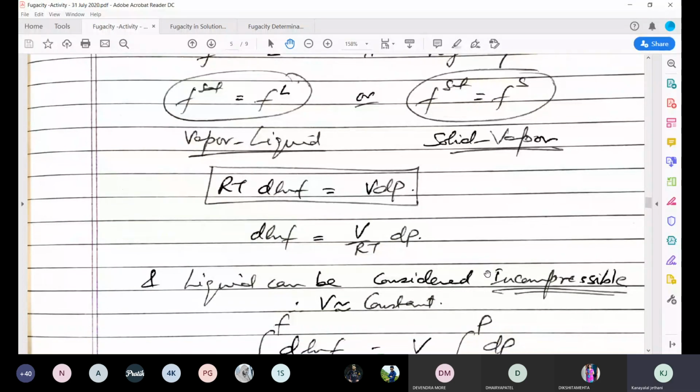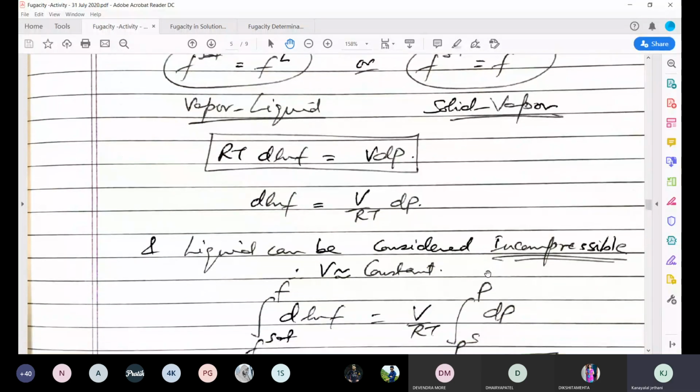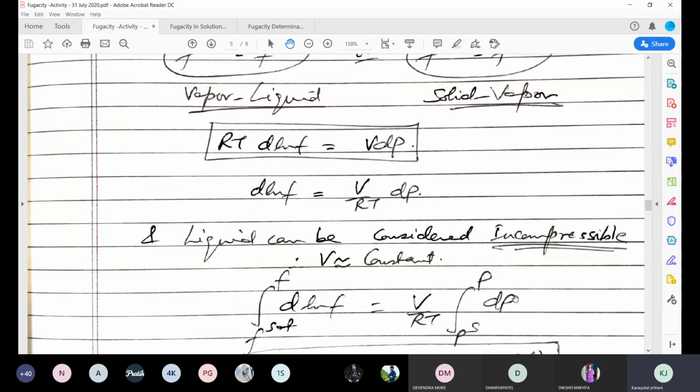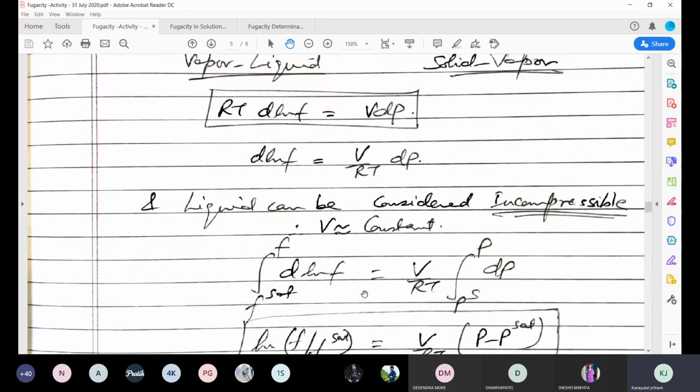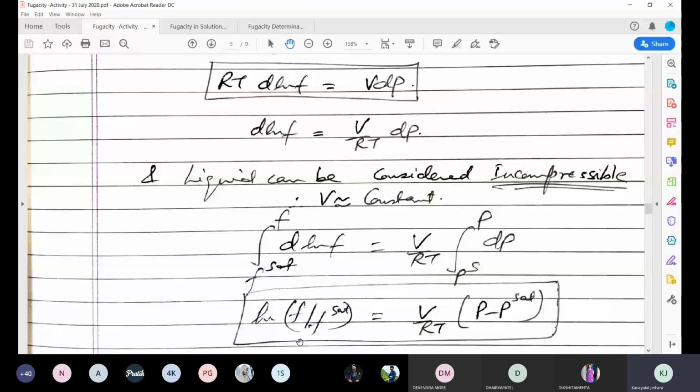What we get is dlnf, V can be taken out of the integral, into integral dP from saturation pressure to actual pressure, and the limit will be saturation fugacity to actual fugacity. तो क्या मिल जाएगा हमारे को? What we get is ln f by f sat is equal to V by RT into P minus P saturation.